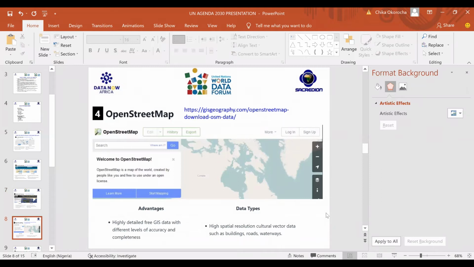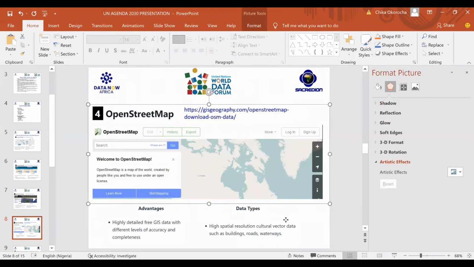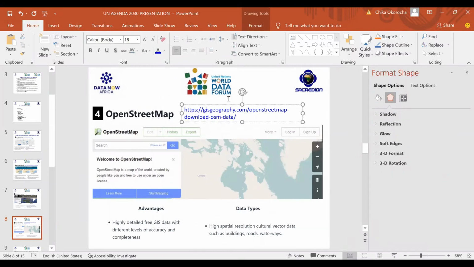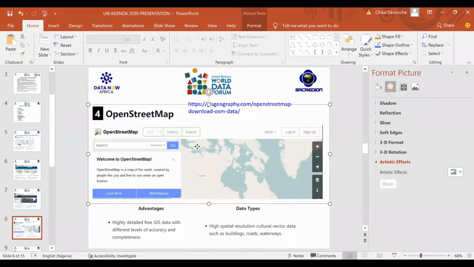We have the OpenStreetMap. Now, street maps are vector-based information. So, from what we have here, let me raise this up a little bit so we can actually see this clearly.